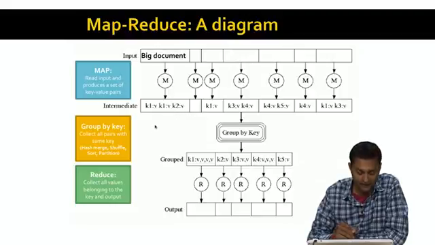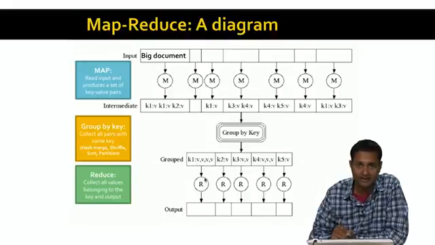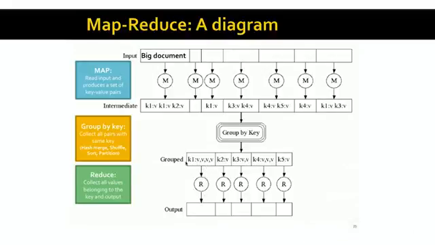In the second step, which is a group by step, you group by key. You bring together all the values for the same key. And in the third step, which is a reduce step, you apply a reducer to each intermediate key value pair set, and you create a final output.